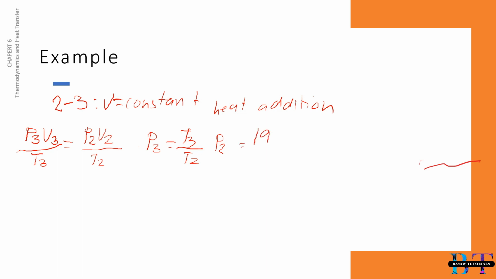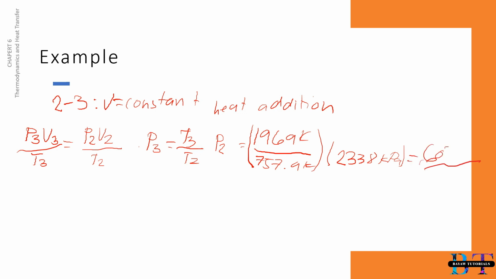We have 1,969 Kelvin all over 757.9 Kelvin times the pressure 2, that is 2,338 kilopascal, that is equal to 6,672 kilopascal.